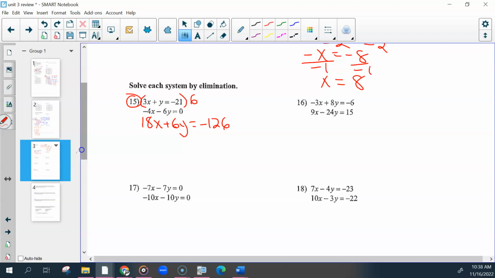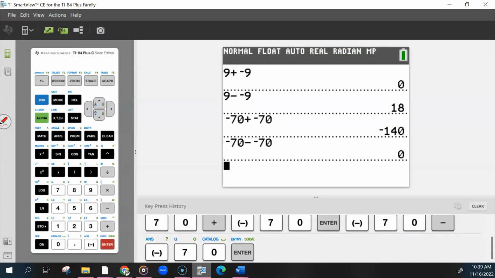And then if you're not sure how to eliminate, you could put this in the calculator, double check yourself. -6 plus 6, -6 minus 6. See which one would eliminate the other.